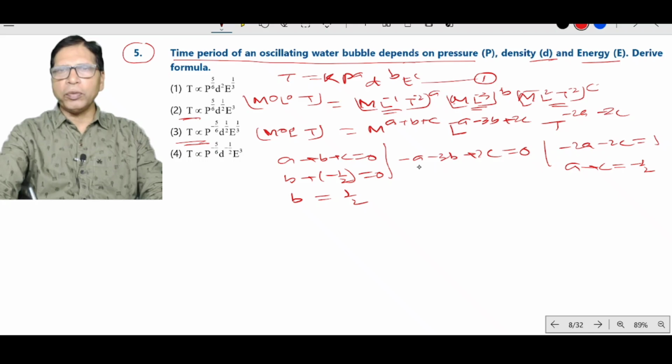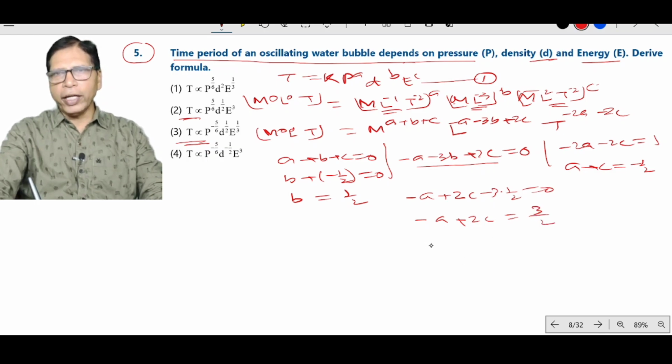Now from this relation, minus A plus 2C minus 3B, with 3 into half, equals 0. So minus A plus 2C equals 3 by 2. So you can write minus A minus C plus 3C equals 3 by 2.